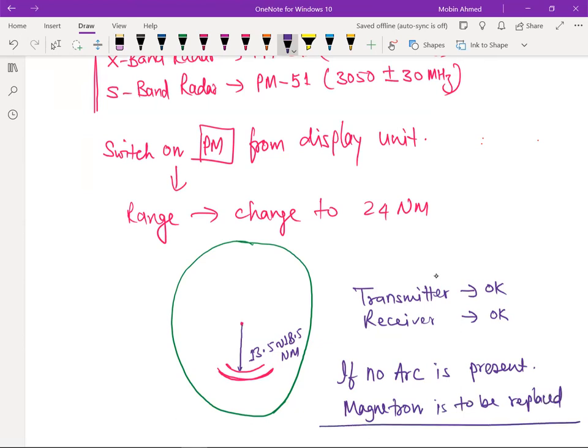Okay. So this is the meaning. If there is no arc, nothing is there, that means the magnetron has to be replaced. Clear? So this is the performance monitor. This is how we come to know that our magnetron is okay or not okay. So it has to be replaced.